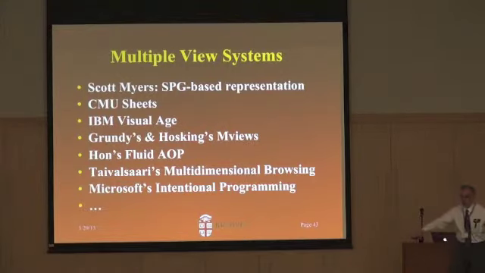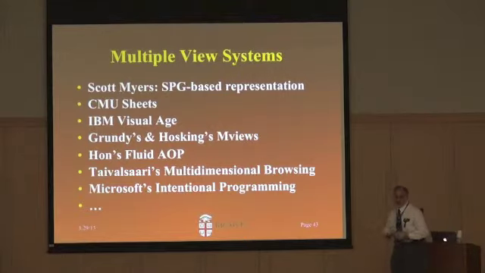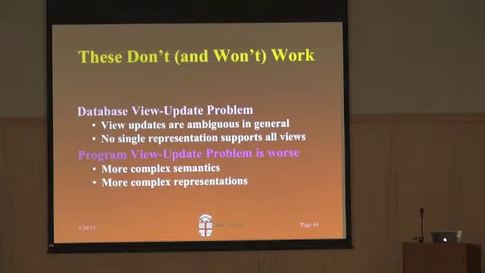It's never going to work. That was the reading I took out of it. I didn't tell him that. But then there are a number of things like Sheets and Visual Age, which gave you views of individual components. And more recently, there have been a number of attempts that try to give you multiple editable views of a system. These don't and never will and won't work.